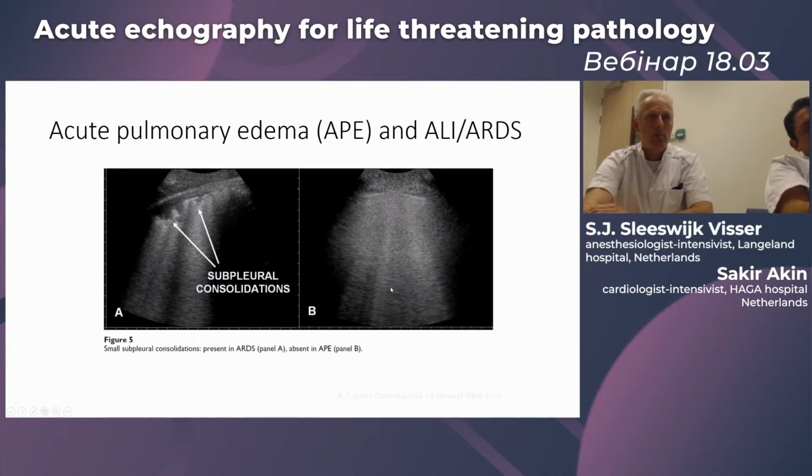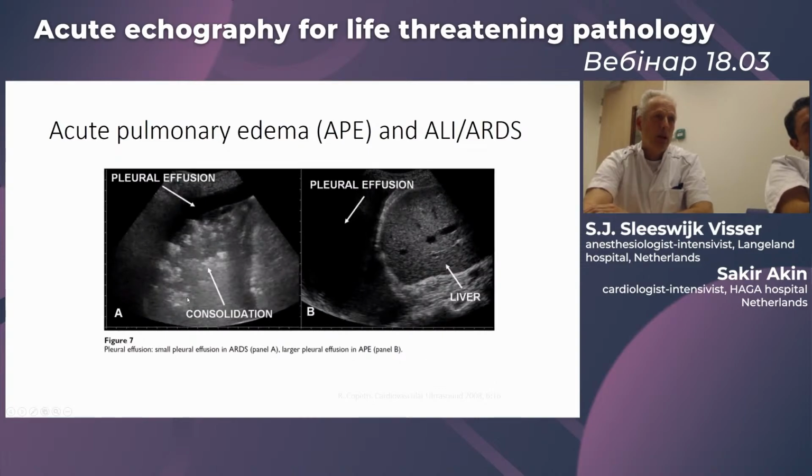In a pneumonia, you can also see pleuritis. So you can see this kind of pathology. Again, this is what we see in pneumonia with the pleuritis with some effusion. And on the right, you can see an echo finding that correlates with the hematothorax. I will show you this later on.